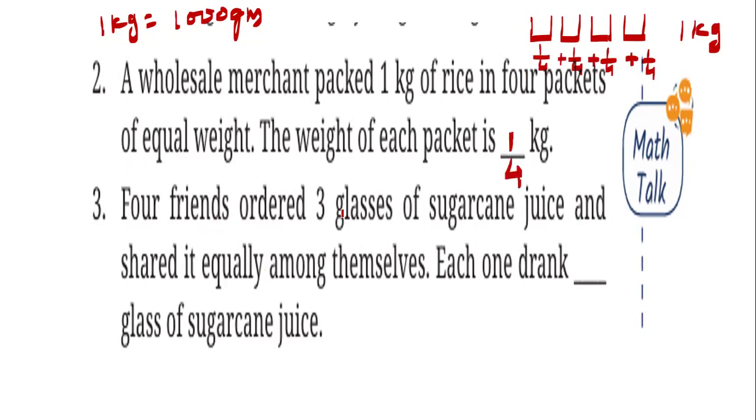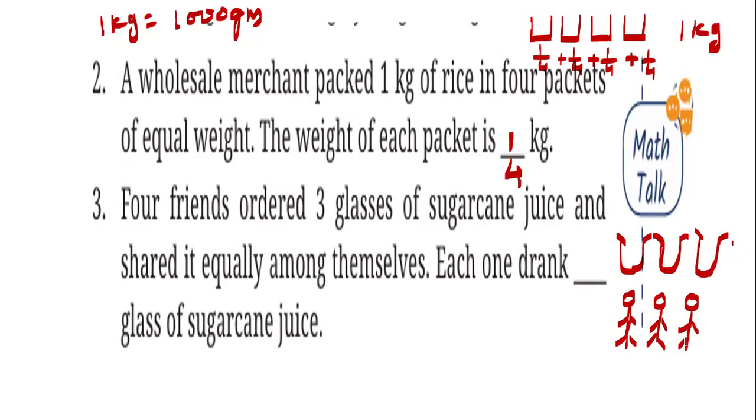Next, four friends ordered 3 glasses of sugarcane juice and shared equally among themselves. There are 4 friends, like this: 1, 2, 3, 4.